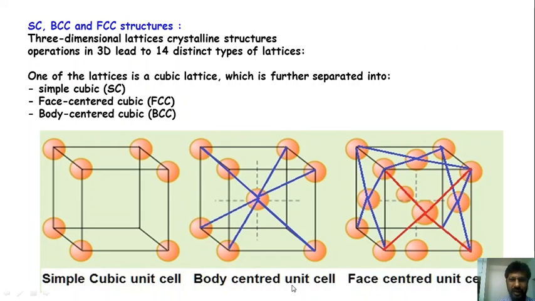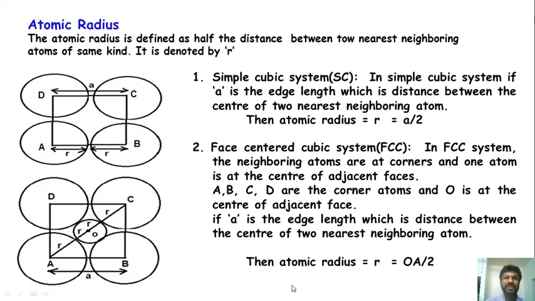So in the cubic type of structure, or in this group, there are 3 types of Bravais lattices we can see.